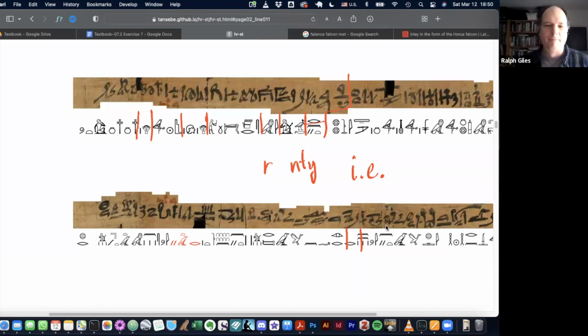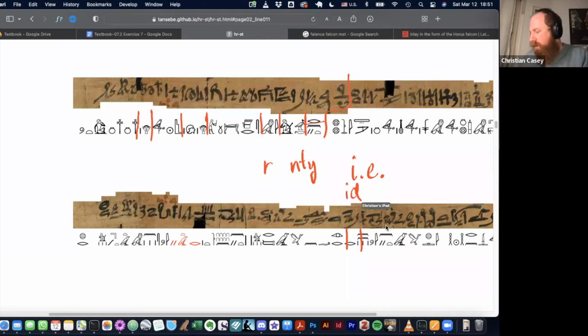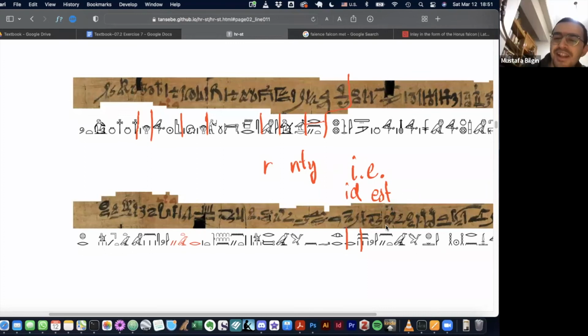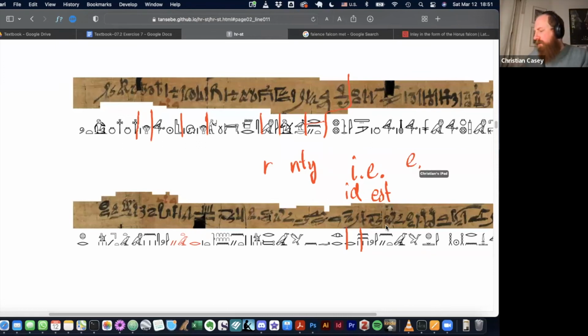You don't have to know that it even stands for id est. You can just know how to use it. You're thinking of e.g., which is exempli gratia, literally for the sake of example.